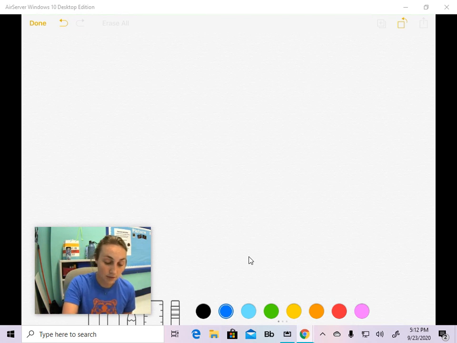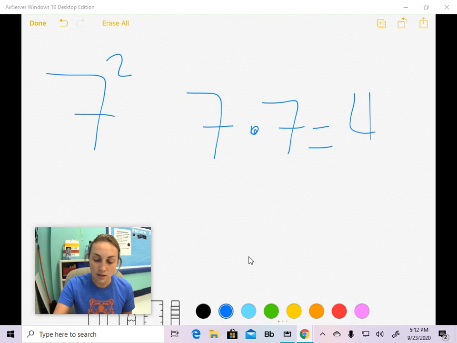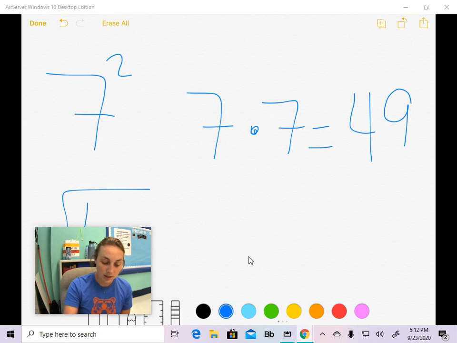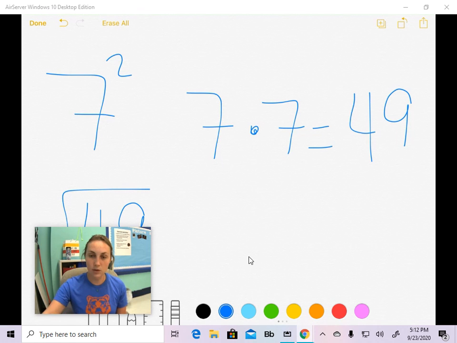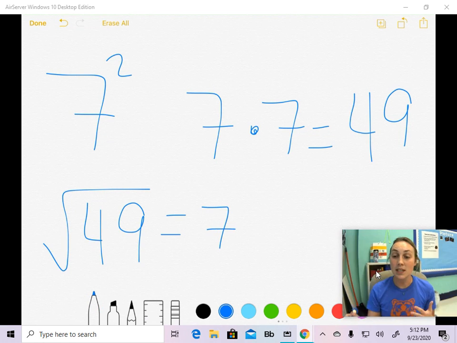So again, if you square root 49, the answer is going to be 7, which is a whole number. So that means a perfect square is always going to be a rational number, okay?